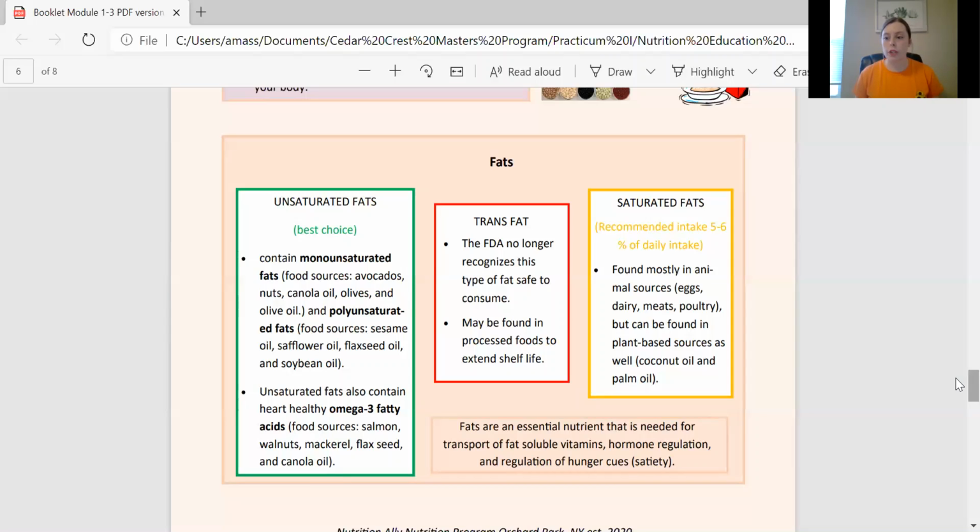So like poultry is going to be on the leaner side, like white meat versus dark meat. And also with the red meats, you want to try to find the leaner types in the grocery store. So those 80-20s, that means 80% of it's meat, 20% of the calories come from fats.